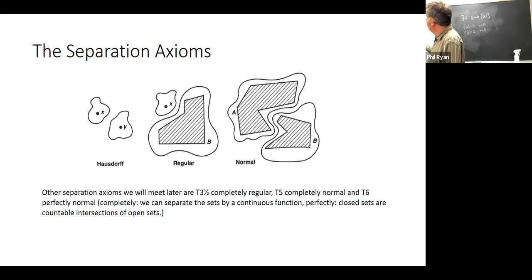Later on, we'll see, for example, that normal spaces don't behave nicely with respect to subspaces and products. The subspace of a normal space doesn't have to be normal, or the product of normal spaces doesn't have to be normal. But if you make it perfectly normal, then those kinds of problems disappear.